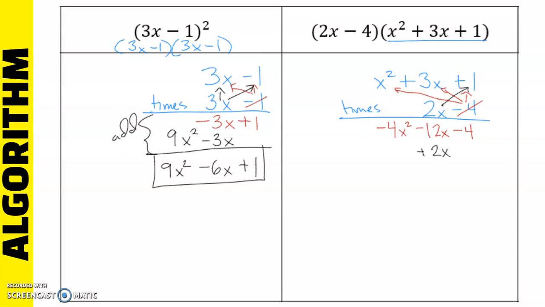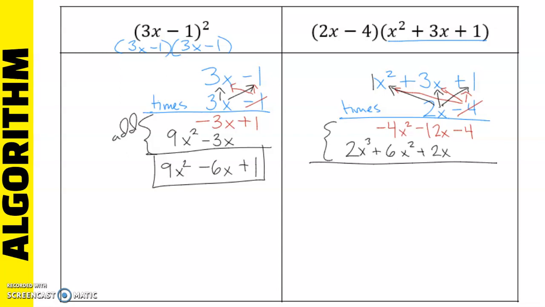Put that under the x terms. 2x times 3x. 2 times 3 is 6. X times x is x squared, and that's positive. 2x times x squared. 2 times 1 is 2. X times x squared becomes x cubed.